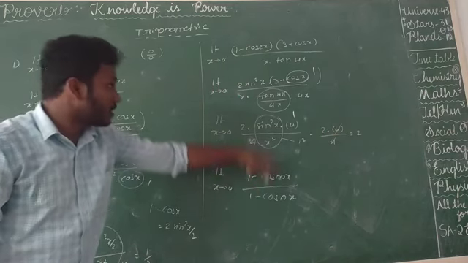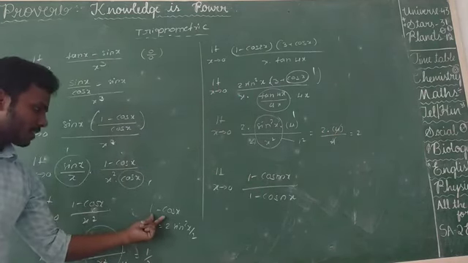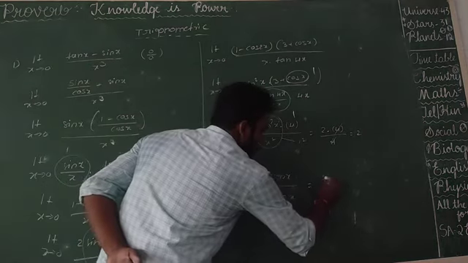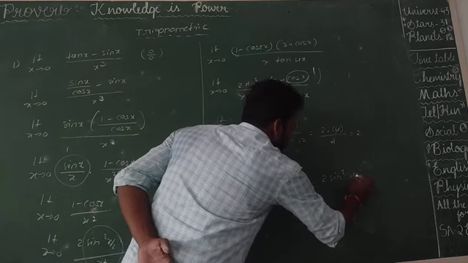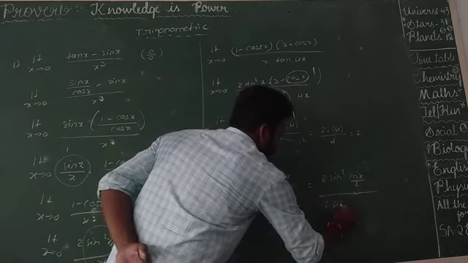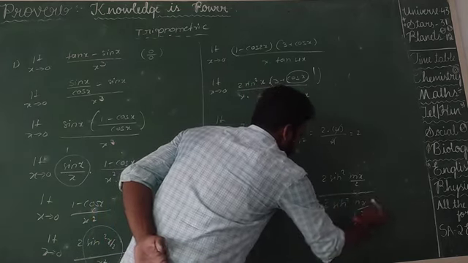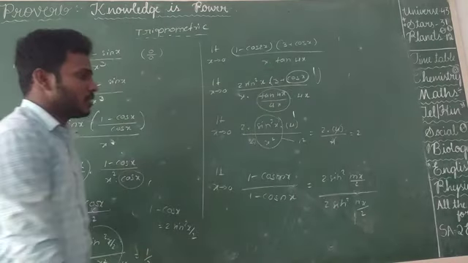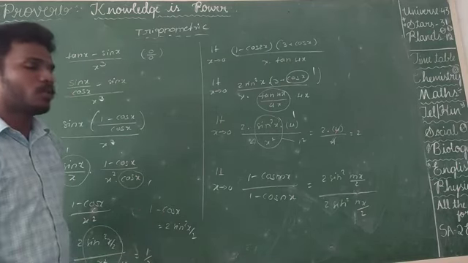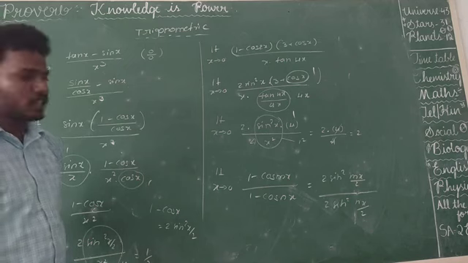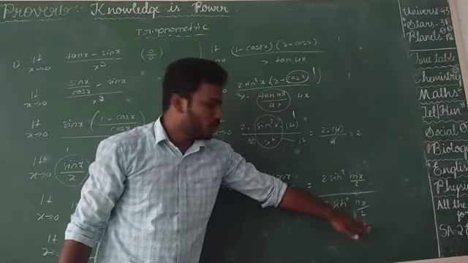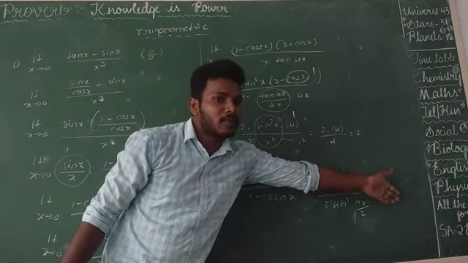In the same manner, this one also. 1 minus cos mx, in the same kind of question. 1 minus cos x means 2 sin square x by 2. So this can be converted into 2 sin square mx by 2. The denominator is also 2 sin square nx by 2. In the same way, for limits we divide with mx by 2 whole square and multiply with mx by 2 whole square for the numerator. Here we divide with nx by 2 whole square and multiply with nx by 2 whole square.